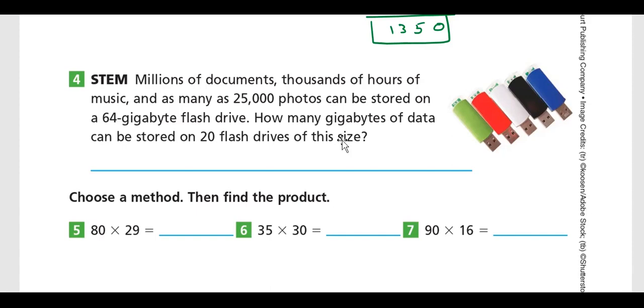How many gigabytes of data can be stored on 20 flash drives? So each flash drive contains 64 gigabytes. So 64 times 20, we put 0. So 2 times 4 is 8, and 2 times 6 is 12. So we multiply 2 by everything.